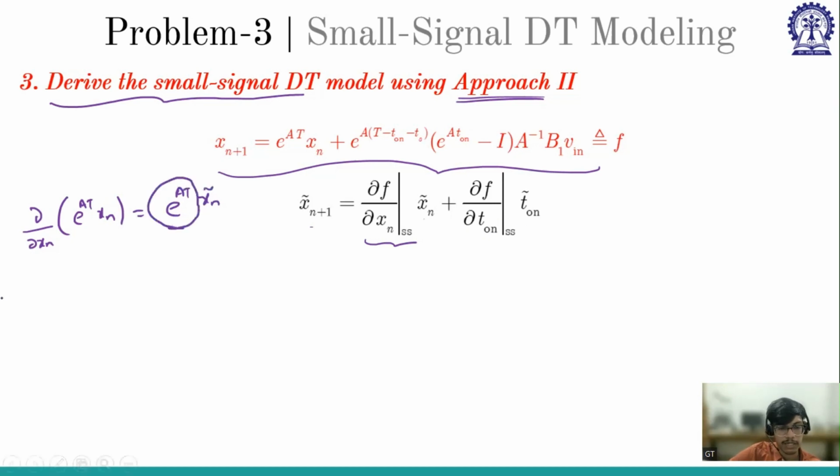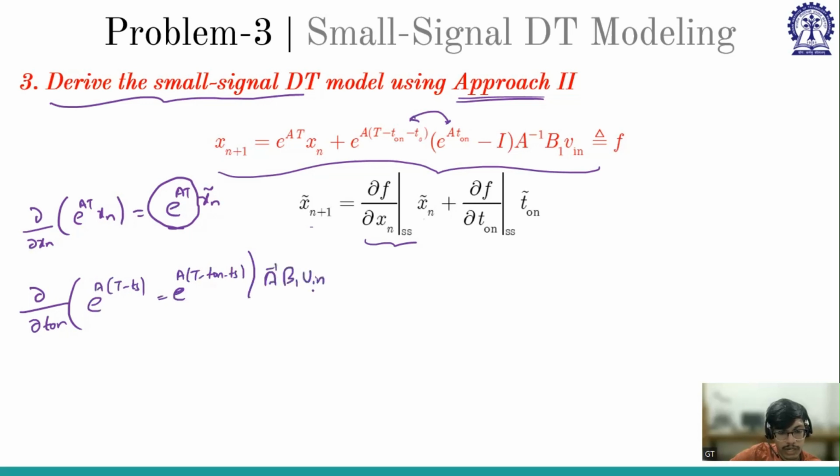And for the next expression, I have to differentiate with respect to t on. So I'll get e to the power A into (T minus Ts) minus e to the power A into (T minus t on minus Ts) into A inverse into B1 into Va. This one will be constant because it is independent of t on. So I'll get minus A (T minus t on minus Ts).